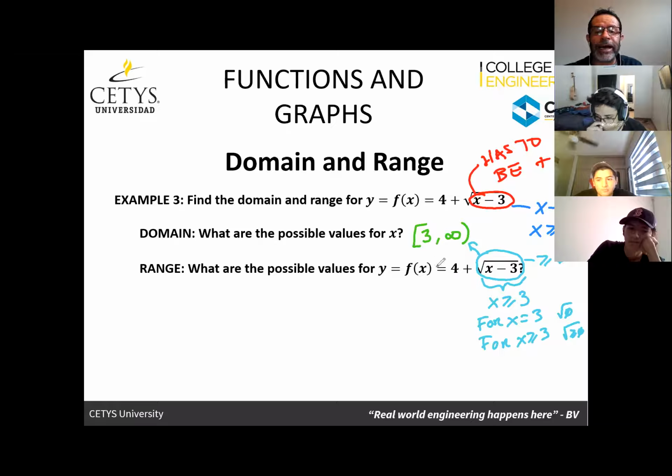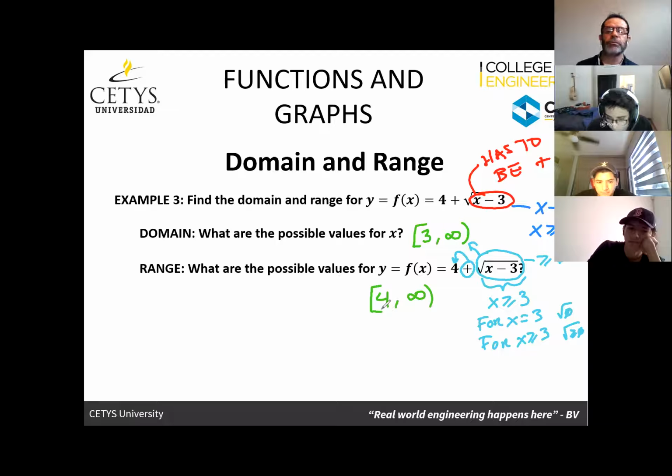So that means that I'm always going to be adding something to the 4. So it's going to be 4 plus whatever I'm substituting here. That means that the range is going to be from 4 to infinite. Now, do we include the 4 or not?